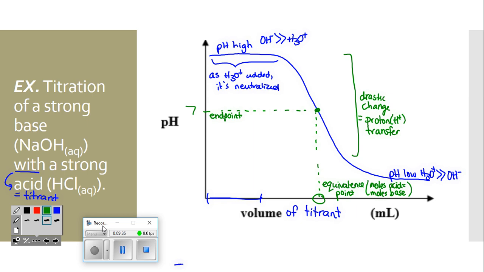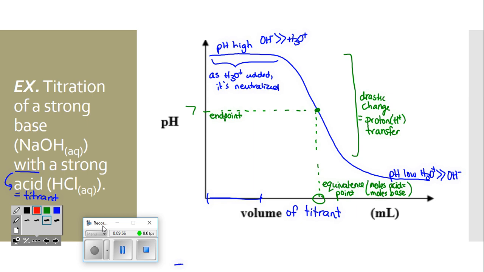Now, the last piece of info is how to pick an indicator. Does anyone remember how to pick an indicator? Maybe you remember doing this in Chem 20. So if this is my reaction, how should I pick an indicator? It has to do with that endpoint pH.